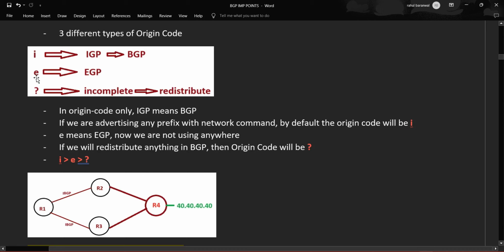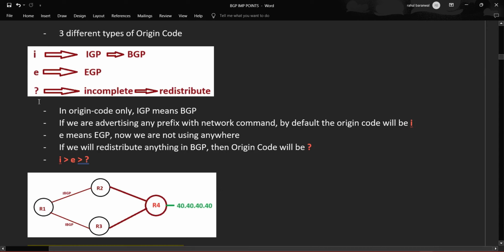And E means EGP, which was used before BGP, so we will not see it in our network, so we can ignore this part. And the question mark represents incomplete. Incomplete means redistribute.